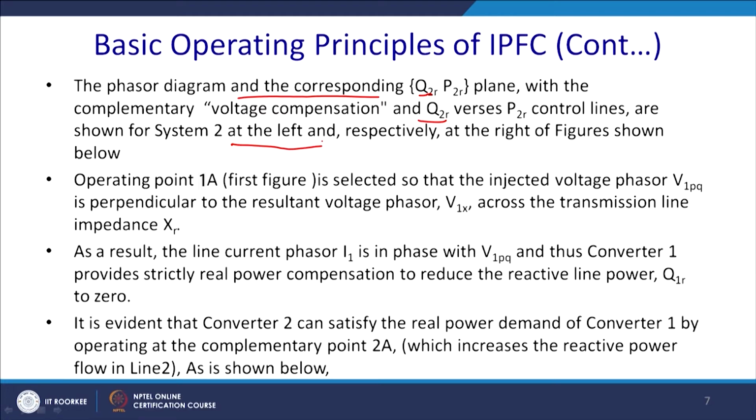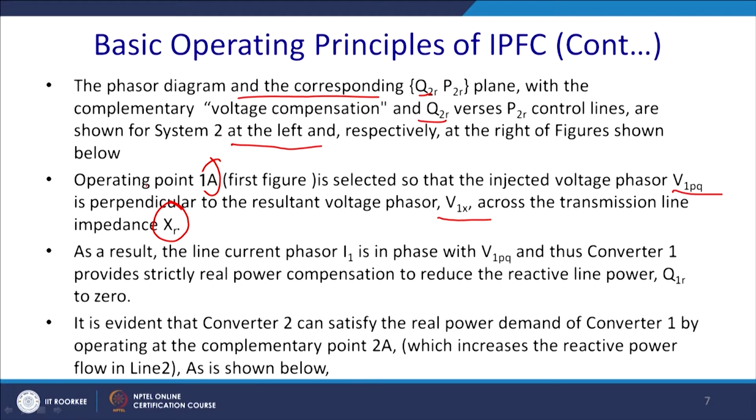The operating point, that is A1 which we have shown, is selected so that the injected voltage phasor V1q is perpendicular to the resultant voltage V1x across the transmission line with a receiving-end impedance, which has been named XR.